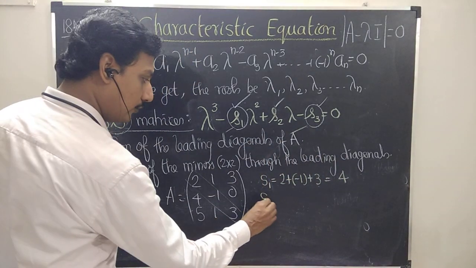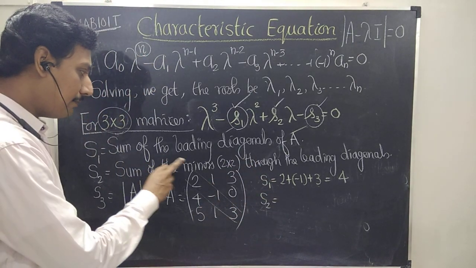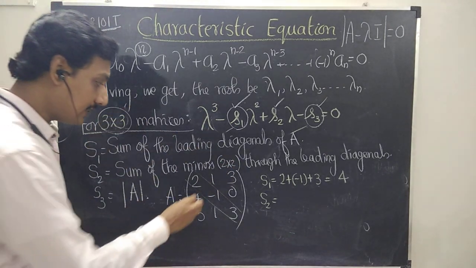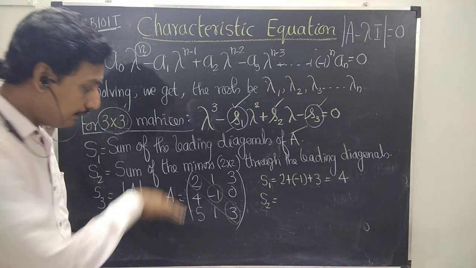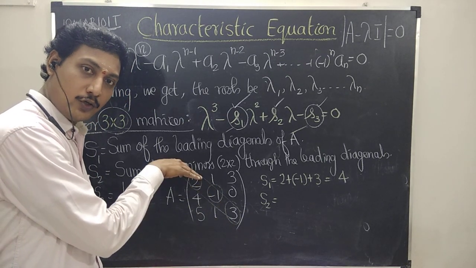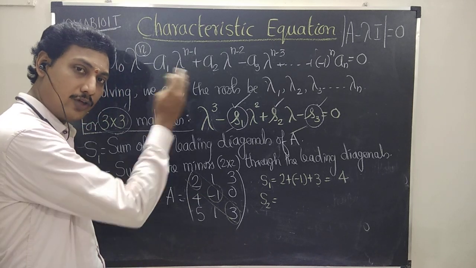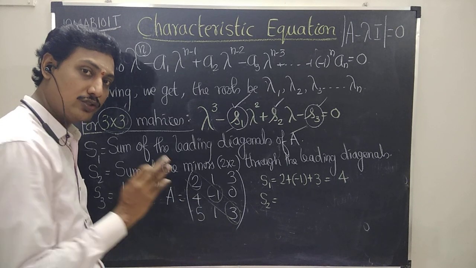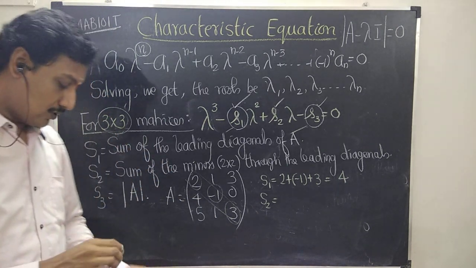What about S2? S2 is the sum of the minors through the leading diagonals. How many diagonals are there? 1, 2, 3. So I maintain the same order, that means 1, 1, 2, 2, 3, 3. The first diagonal is always the top, the second one is the middle, the third one is the last. You can choose 3 different minors. How can we choose?